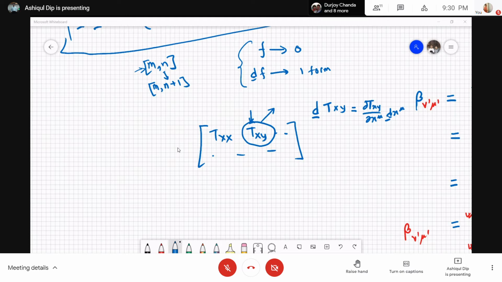But here, the space we are working on, we haven't defined any connection on it. The derivation in every book uses the connection, so that's why I cannot use that directly.